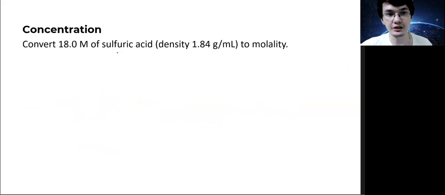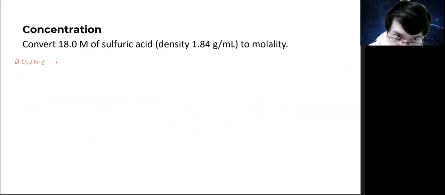Next, convert the molarity of sulfuric acid to molality. Okay. So first, we assume 1 liter of sulfuric acid solution, or 1,000 ml.